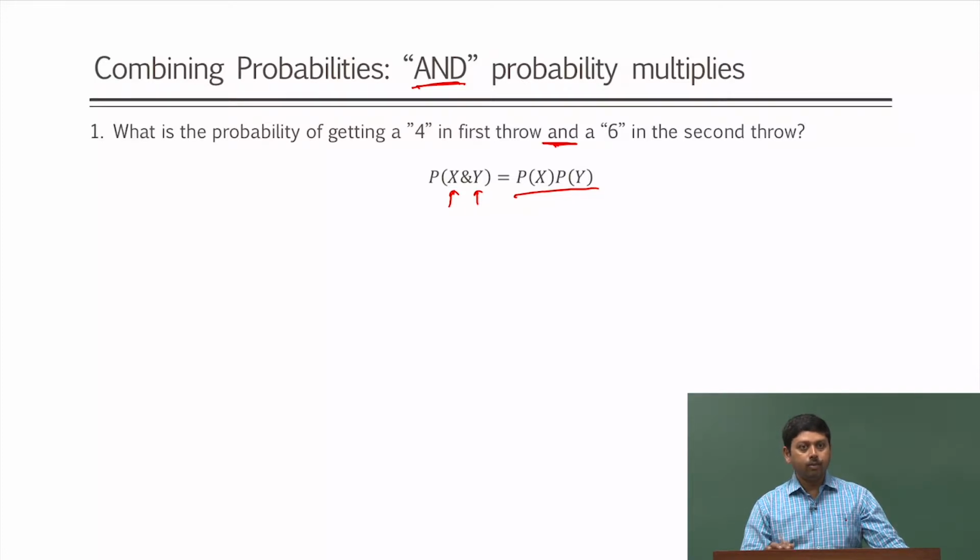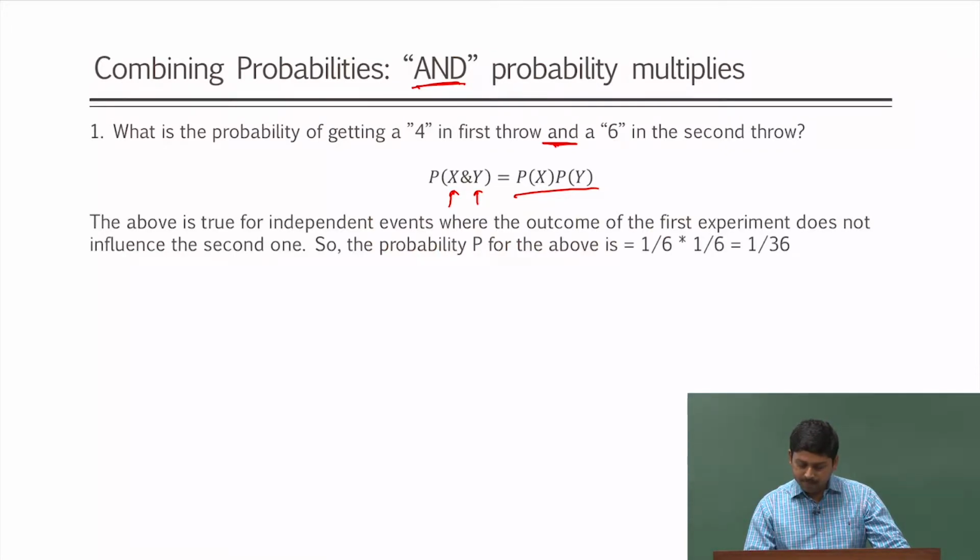However, again we are assuming that these are independent events. That means getting a 4 in the first throw does not affect in any way the next outcome of the die throw. They are all independent, just like a coin throw. So, we know the probability of x is 1 by 6, and the probability of y also is 1 by 6, therefore, the probability is 1 by 36.